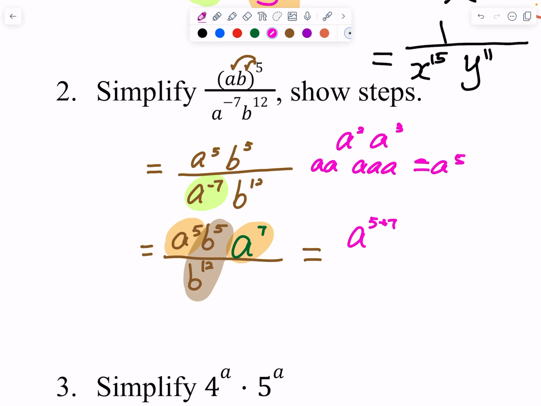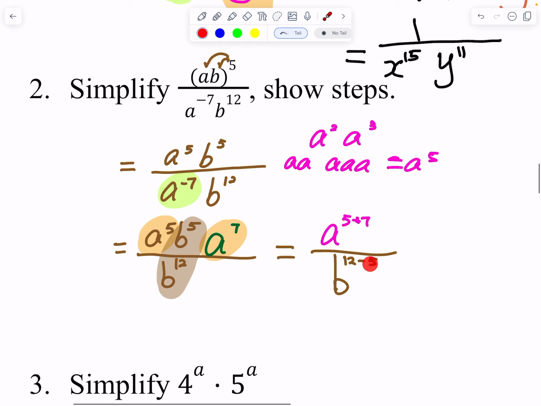How about for B? Because it's up and down, you need to look at which one is bigger. Is the upside bigger or is the downside bigger? Which power? Obviously the down one. 12 is bigger than 5. So you write B at the bottom, 12 minus 5.